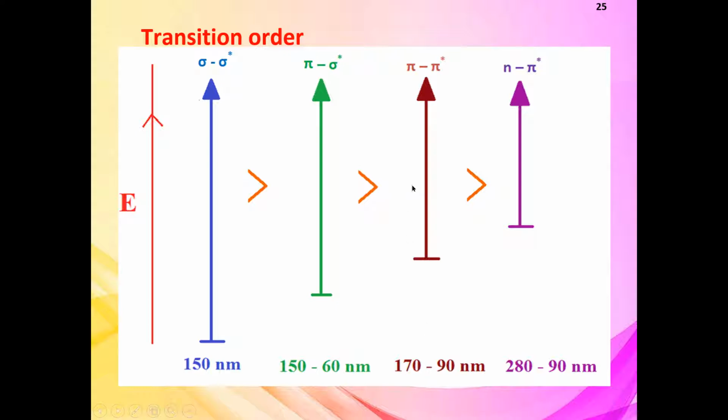And the pi to pi star transition requires a higher amount of energy, and molecules having non-bonding electrons and pi electrons will give this kind of transitions. That is why molecules with pi bonds and non-bonding electrons are used to study in UV spectroscopy.